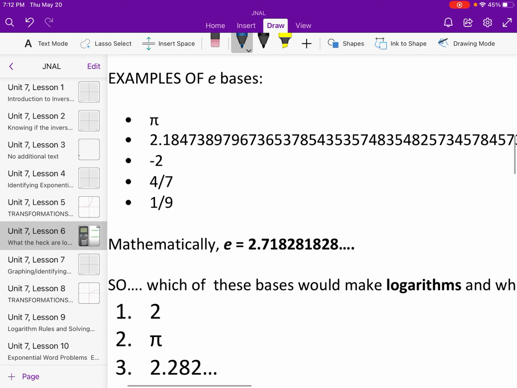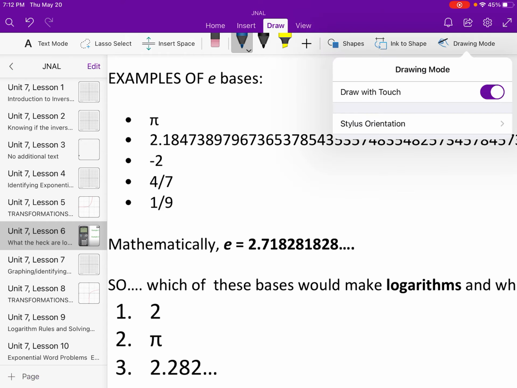Then we have -2. Although -2 doesn't seem to go on forever, it is still considered a constant because there are no such things as a logarithm of a negative number. If you try to type that into a calculator, it will say that's not a thing that you can do. Then we have 4/7 and 1/9. So what is 4/7?